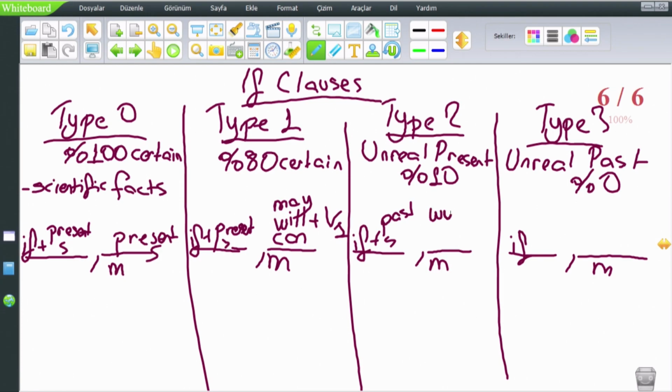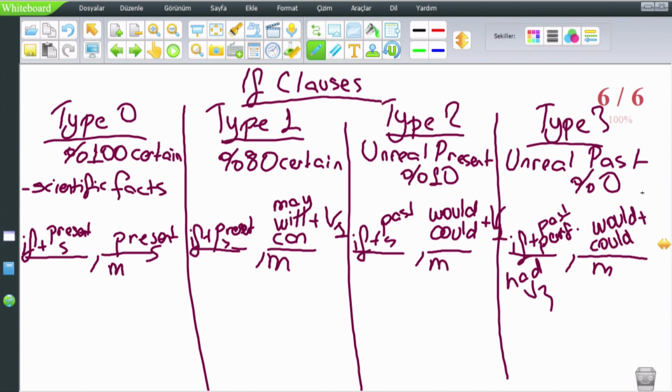In the main clause, we have would or could, verb 1. In the type 3, we have past perfect in our if clause, which is had verb 3, and in our main clause we have would or could have verb 3. So this is like a basic review of if clauses.